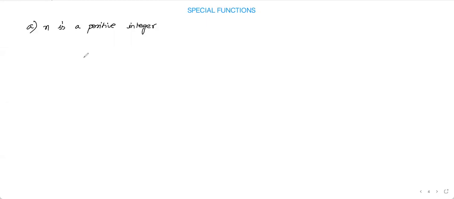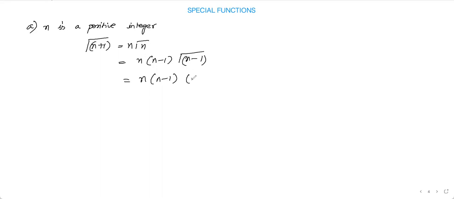Now n is a positive integer. If n is a positive integer, then by repeated application of the reduction formula, gamma n plus 1 is n gamma n, which is equal to n into n minus 1 gamma n minus 1, again n minus 1 gamma n minus 1 is n minus 2 gamma n minus 2, right?